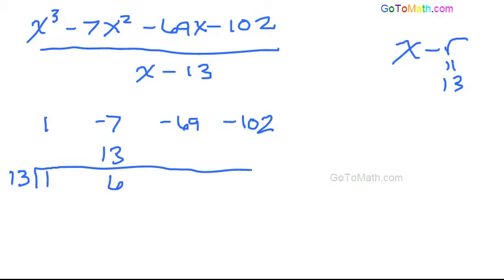Yep. Okay. Put that in right there. So that's going to end up being 9. And what do we got here? 13 times 9 is 117. Okay, so we're going to have 15.